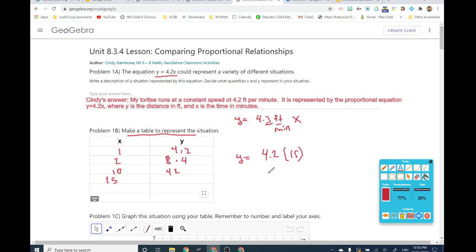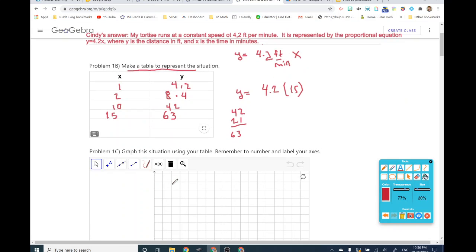Let me just, wait a second. I can do this in my head. If 10 times 4.2 is 42, then 15 times 4.2 is half as much more, because 15 is half as much more than 10. Half of 42 is 21. 42 plus 21, that's 63. Hey, I am a genius. I don't need a calculator. I can do that one in my head. Okay, this is my example.